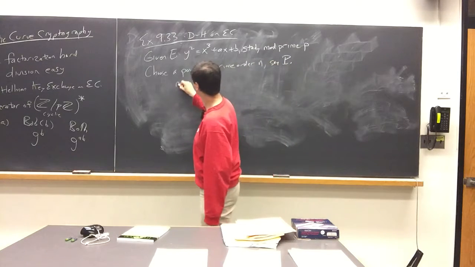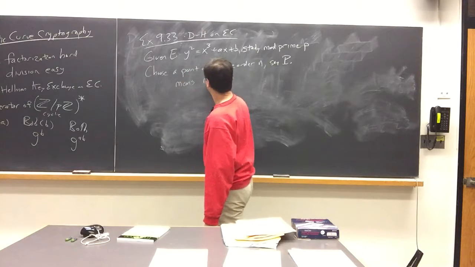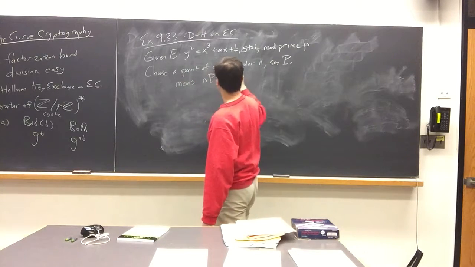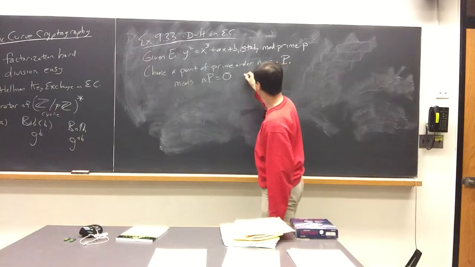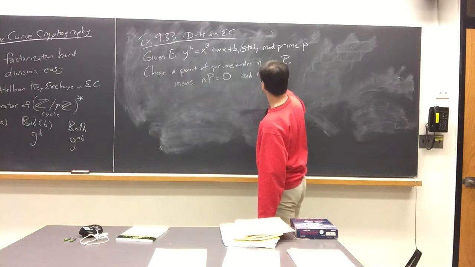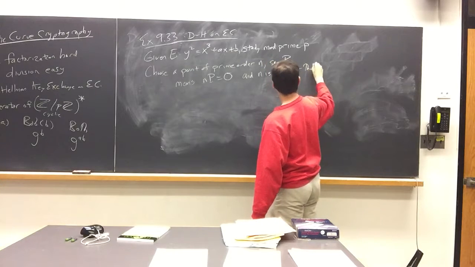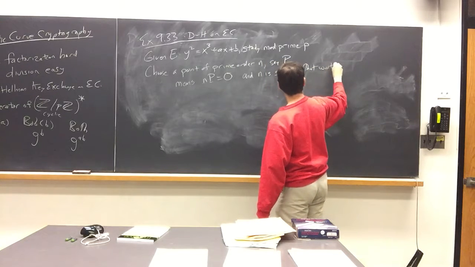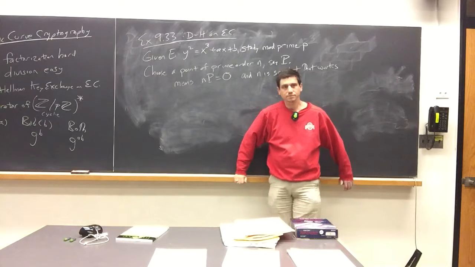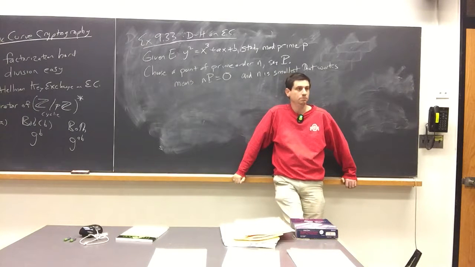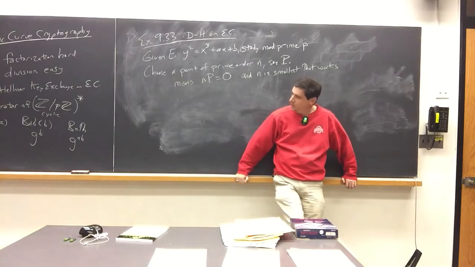And this means nP is the identity. It's our point at infinity. And n is the smallest that works. Okay? Does that seem similar to what we had over there?